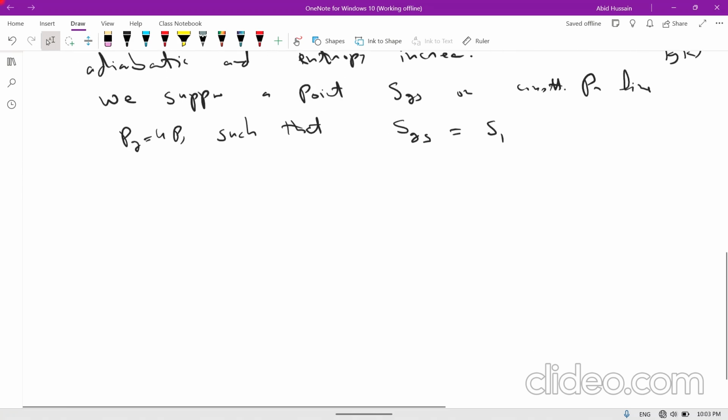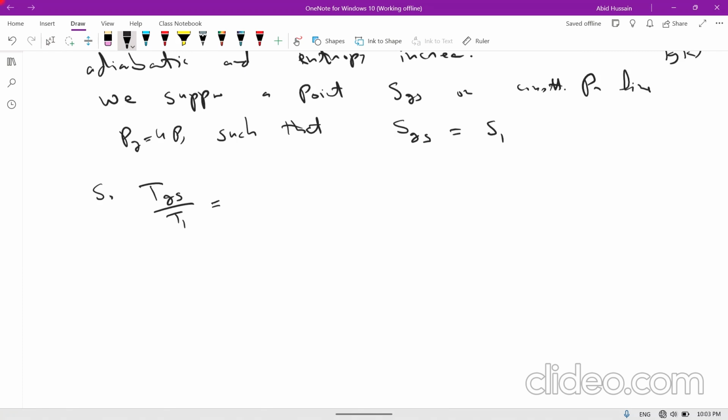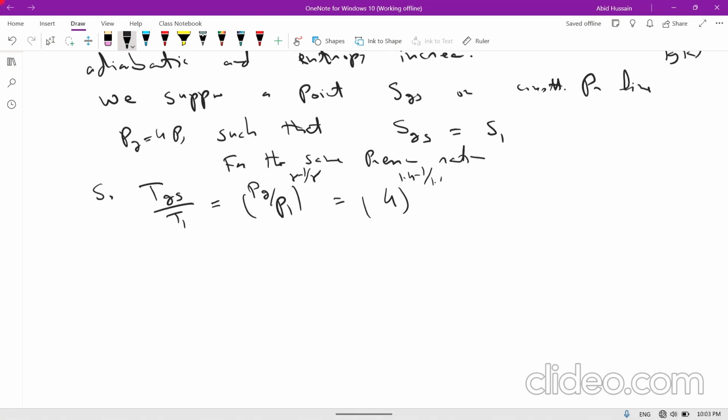The formula for the same pressure ratio: T2s divided by T1 is equal to P2 divided by P1, whole to the power gamma minus 1 divided by gamma, which is 4 to the power (1.4 minus 1) divided by 1.4.